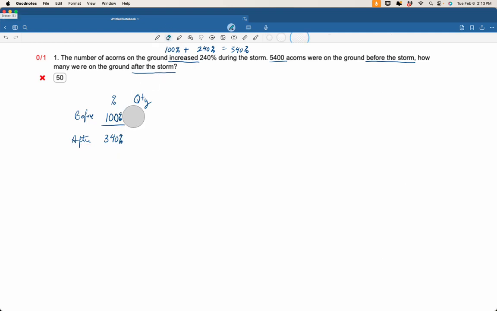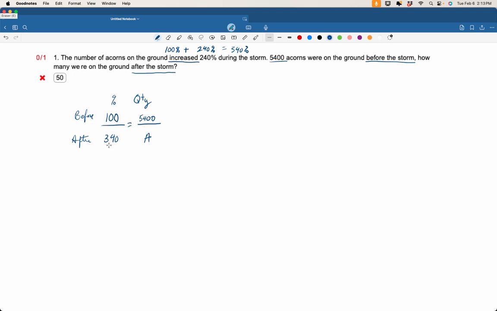We don't really have to have the percent signs because it's already up here at the top. It's kind of redundant. All right, so that's going to equal the quantity. Now the quantity before was 5,400. What we don't know now is the quantity after. So this becomes our cross multiplication, our proportion statement.